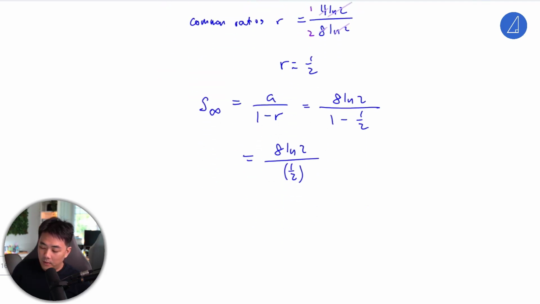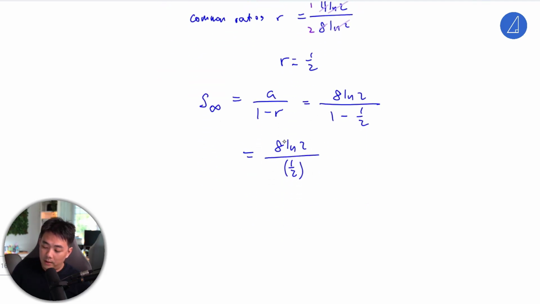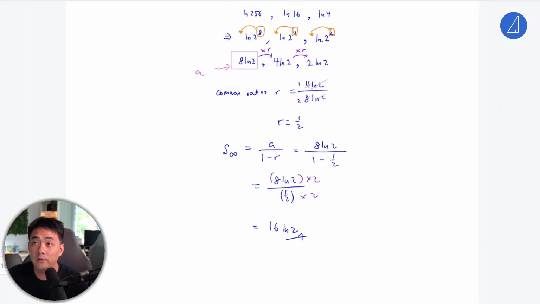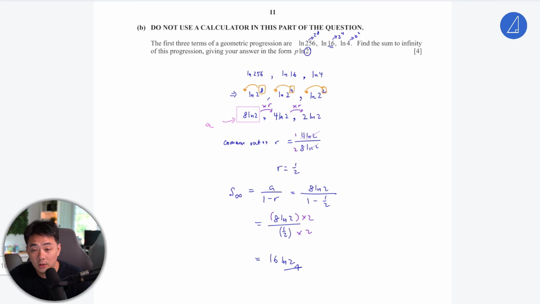What I could do is just multiply by 2. Now, when you multiply by 2, please do not multiply the 2 with the 2 inside the ln. It's actually to the outside here, so it's 16 ln 2. Okay, so this is the sum to infinity for this question. This is the answer that we're looking for.